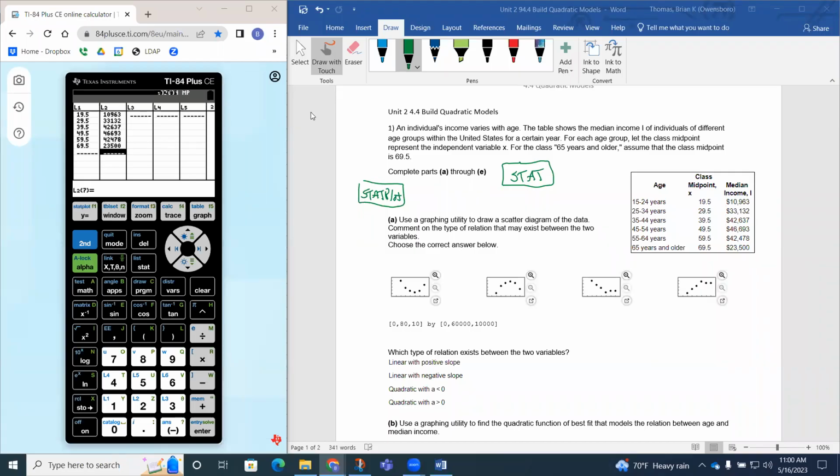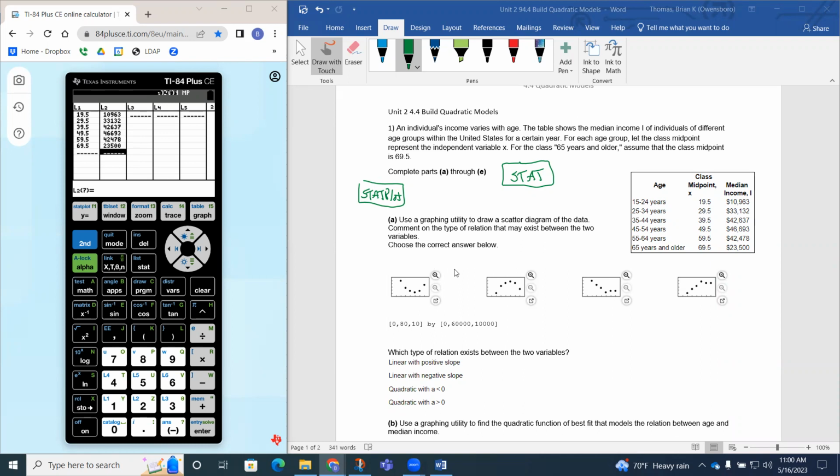So I did have my list entered into the calculator, and this is the hardest part. You may want to, before you move on, double check the data since there's not a whole lot here to look at. And I don't think I've got anything that looks suspicious here. It all looks okay.